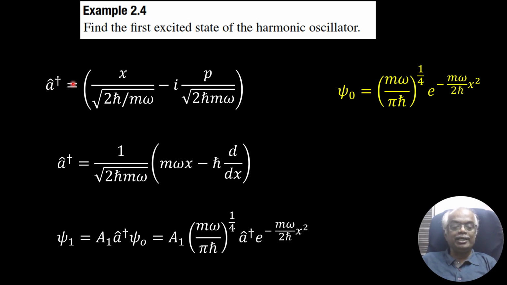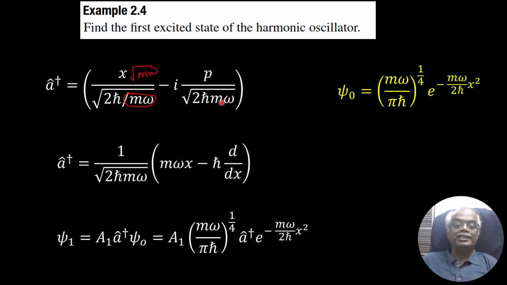That is, a dagger by definition is equal to x over square root of 2ħ over mβ omega minus i p over square root of 2ħ m omega. Here, what I am going to do is bring this square root of m omega, which is in the denominator, to the numerator as square root of m omega.